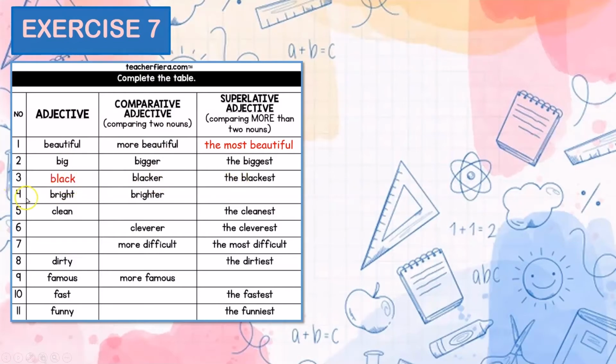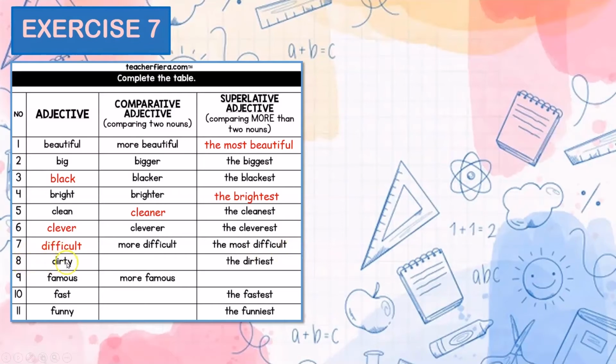For number 4, bright will be brighter and the brightest. Number 5 will be clean, cleaner, and the cleanest. Number 6 will be clever, cleverer, the cleverest. Number 7 will be difficult, more difficult, and the most difficult.